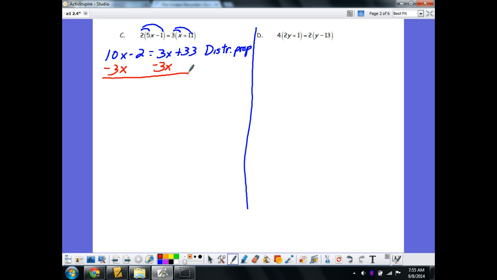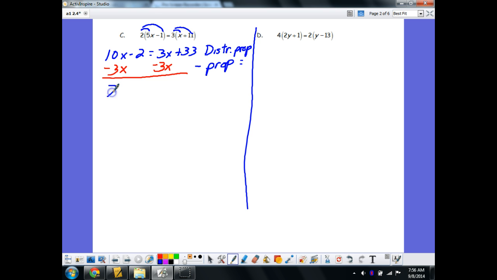If I subtracted 10x from both sides, 3x minus 10x would create a negative 7x. I would still end up with the same answer. However, it would be negative. It's just a personal preference there. So in this case, and once again, that is the subtraction property of equality.